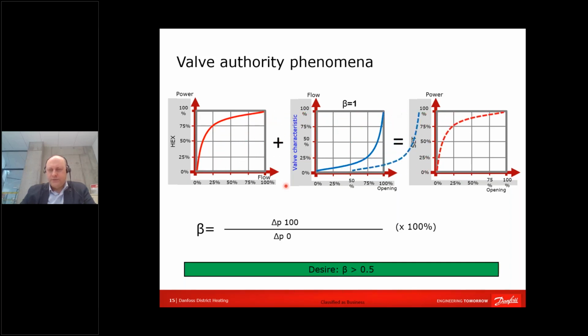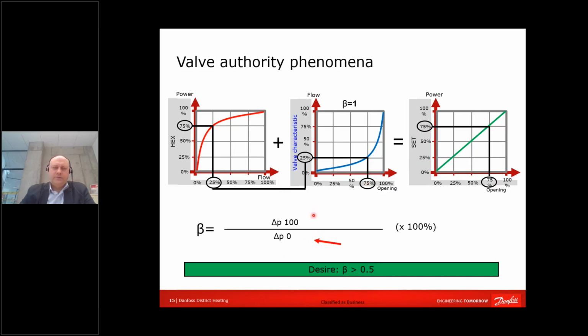Our goal is to add these two together and to receive a linear energy control capability or feature. So let's presume we're opening 75%, we're getting 25% of the flow. So 25% of the flow gives 75% of power. So at the end of the day, we have a nice control capacity.